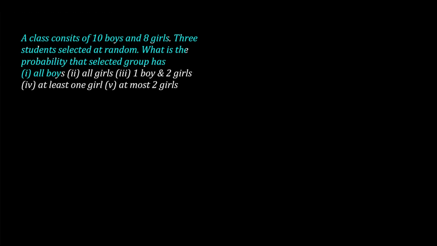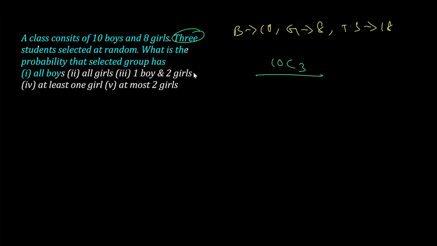The boys number 10, the girls number 8, and the total students is 18. The first case is where all of them are boys, so ways of selecting 3 boys from 10 boys, and these 3 students are selected from a total of 18 students. So 10C3 over 18C3 should be the required answer.